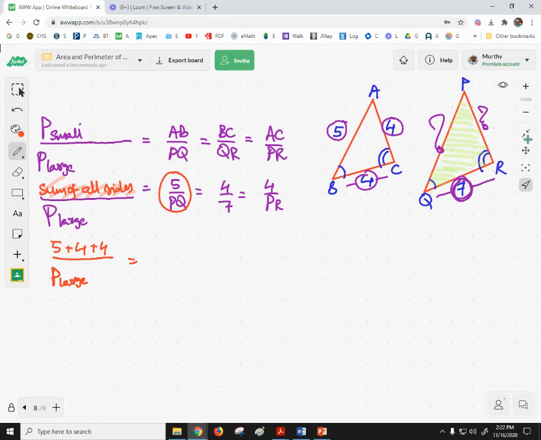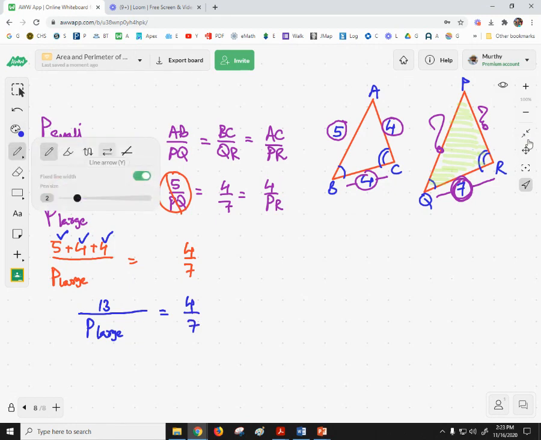No, because I know only one value, I don't know both values. So this is dropped. Can I take this one? Yes, because I know both values, which is 4 over 7. The next step is, let me combine 5 plus 4, that gives me 9. 9 plus 4, 13 over the perimeter of the large triangle equals 4 over 7. At this point, we go for cross multiplication.